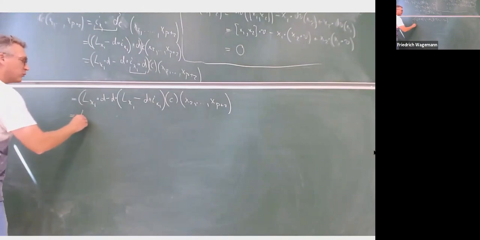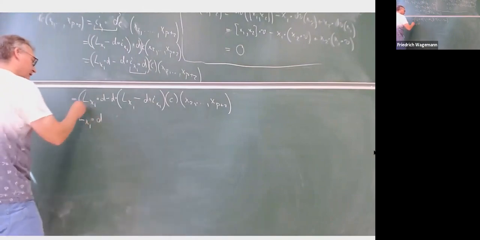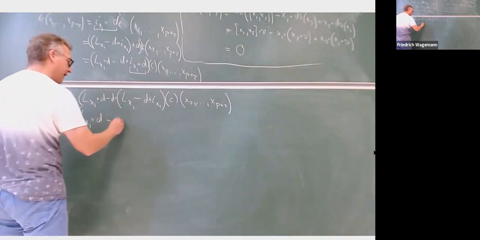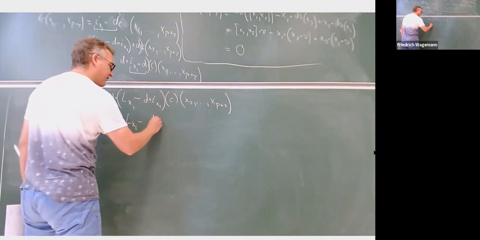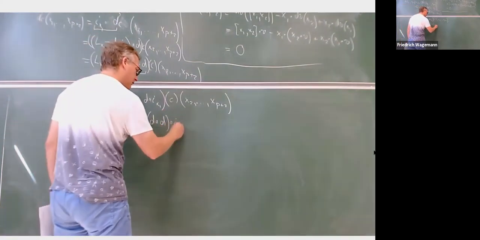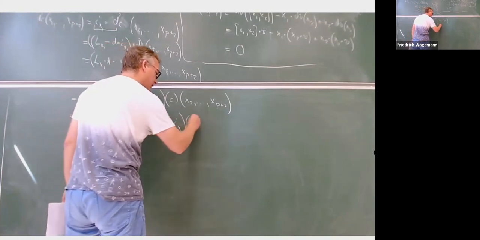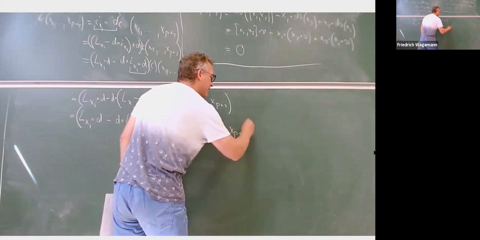And what did we gain from here? We gain now that we have d squared again here, on a lower degree cochain.